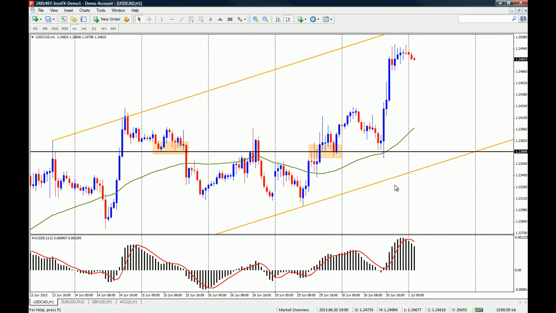So this is the medium area that we're going to be looking for. And we have two options. We are going to wait for price to hit this area of support and move up, or we are going to wait for price to hit this channel and move up.